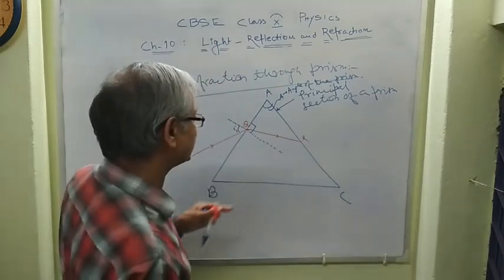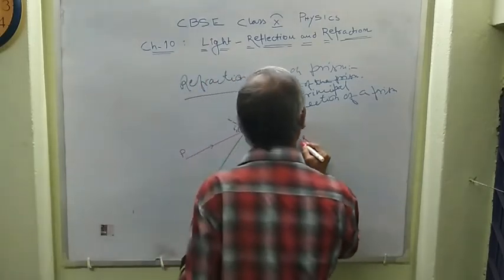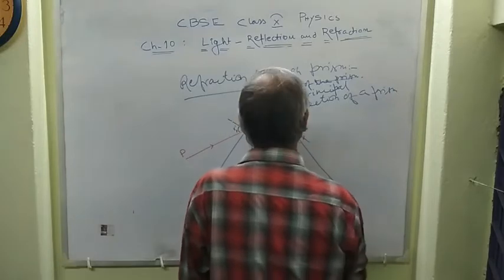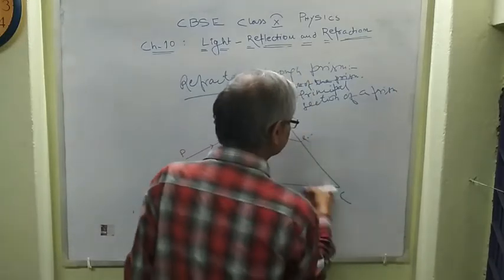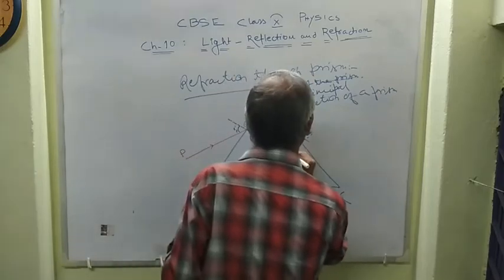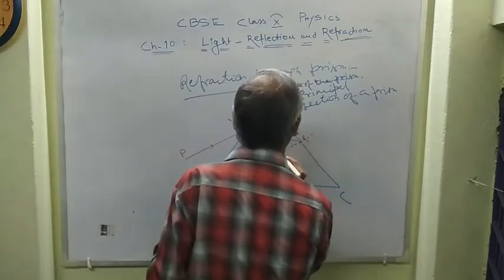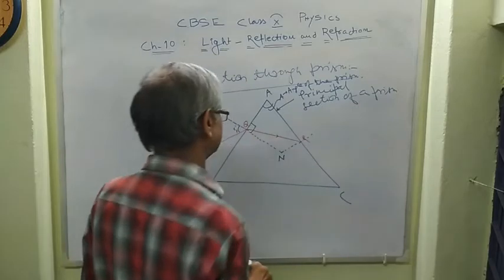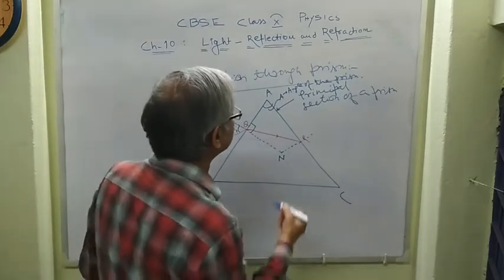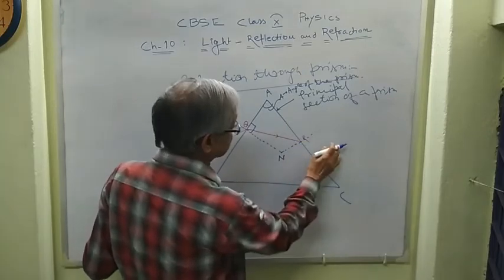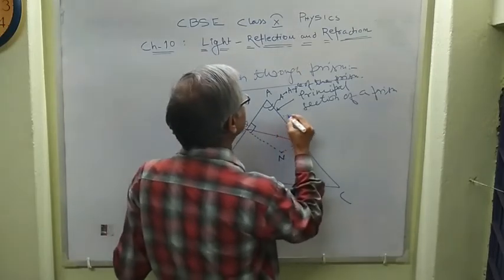R. Again, at the point R, it is refracted. We draw a perpendicular at the point R also, at the point R on the refracting face AC. Let these two normals meet at N, right? Then this is the normal. This is the air, glass prism.